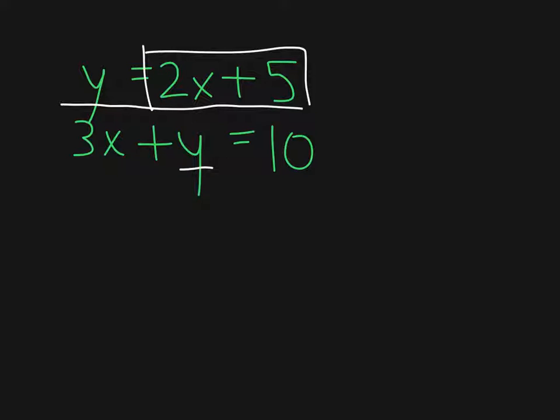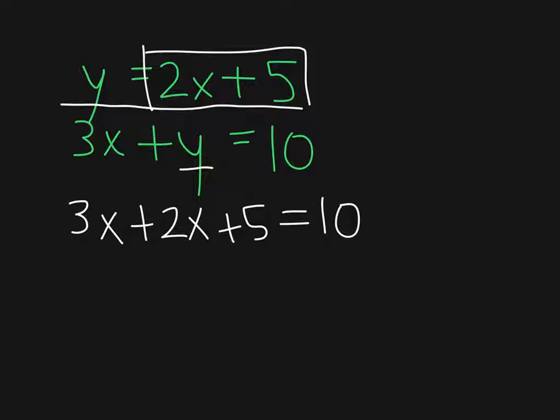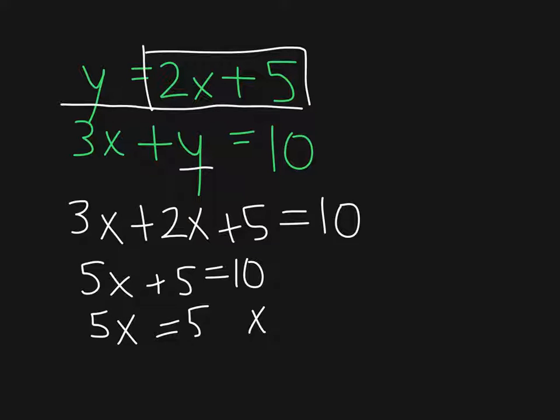So I'm just going to rewrite this second equation as 3x plus 2x plus 5 is equal to 10. Combining terms, I end with 5x plus 5 is equal to 10. Subtract 5 from both sides, I end with 5x is equal to 5. So x is going to be equal to 1.